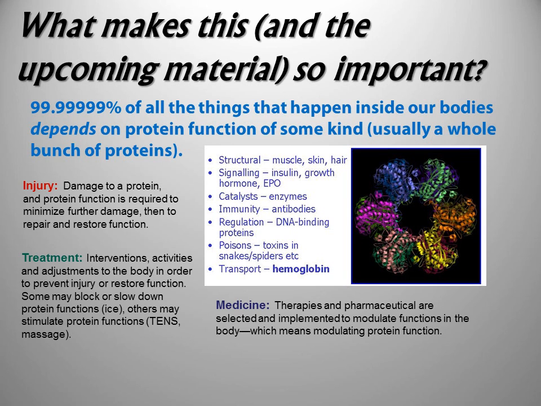Or we might use medicines. We might have therapies that are prescribed, or pharmaceuticals, drugs, are selected to modulate protein functions in the body. So we're going to modulate functions by modulating proteins. That's why this is so huge, and that's why I spend the first section talking about cellular biology, because this is really where it's at.